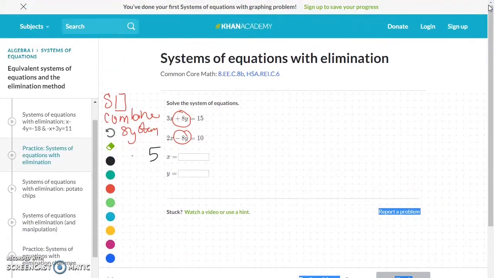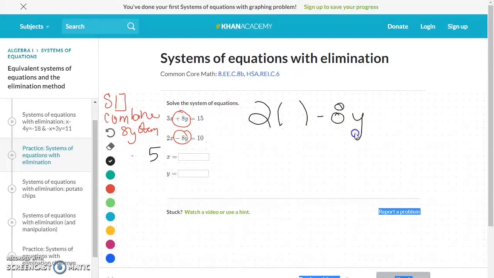So I've cleared my slate, and now I am going to substitute the 5 into the second equation. So 2 times x minus 8y equals 10. And of course, we've already solved for x, and x is 5.